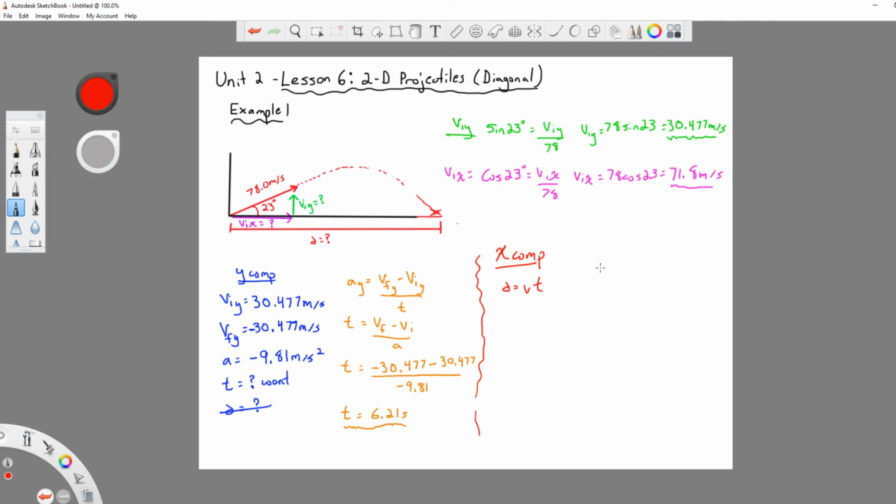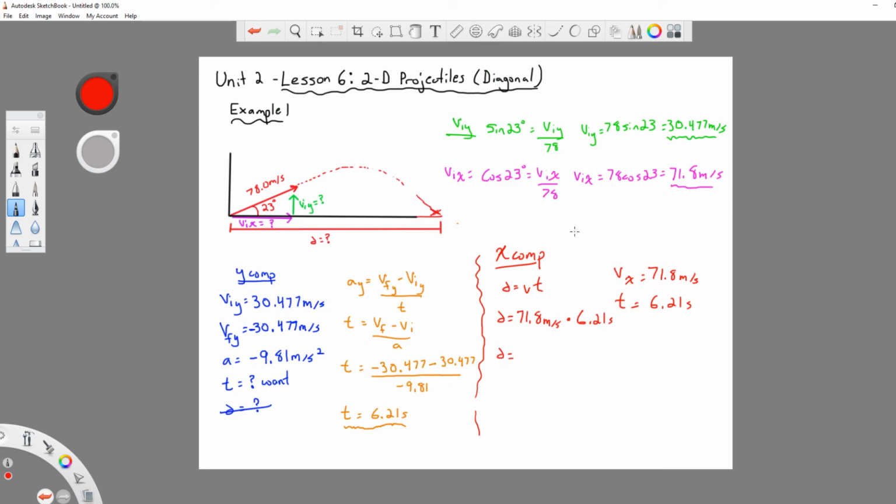So our known values, we have Vx is equal to 71.8 meters per second, and that's what we solved for up here. We also have time, which we solved for down here, 6.21 seconds. And we can just solve for displacement then. So displacement is equal to 71.8 meters per second times 6.21 seconds.